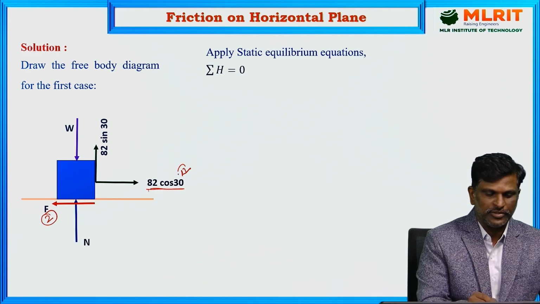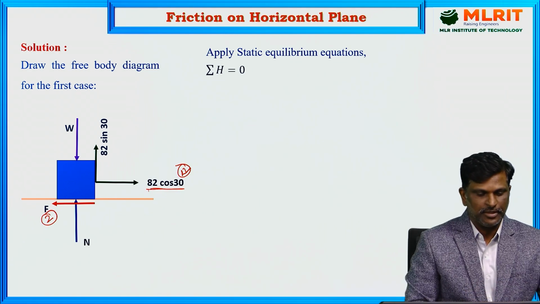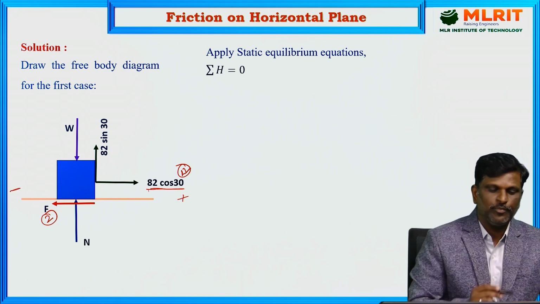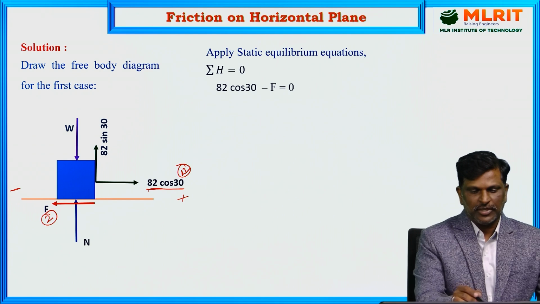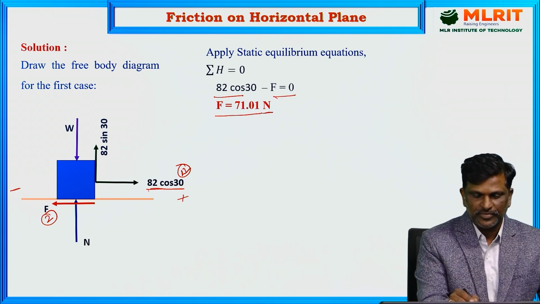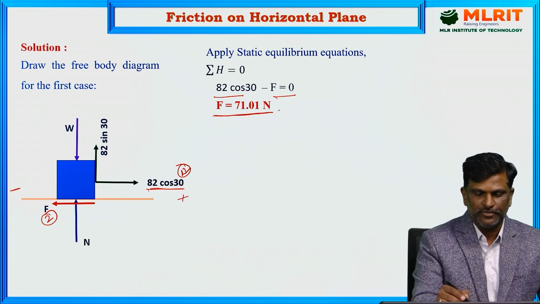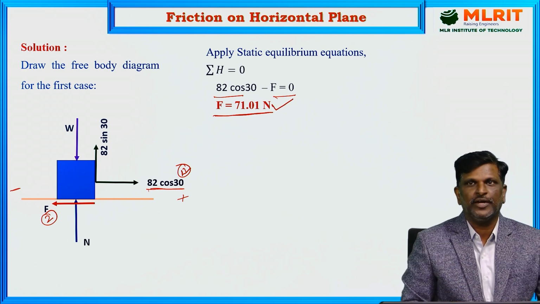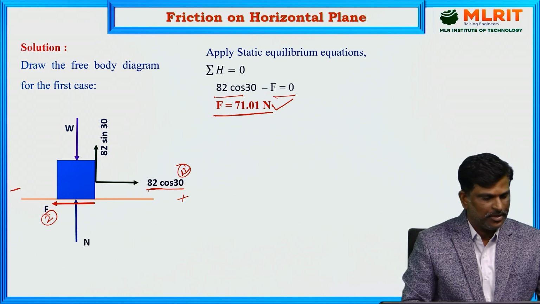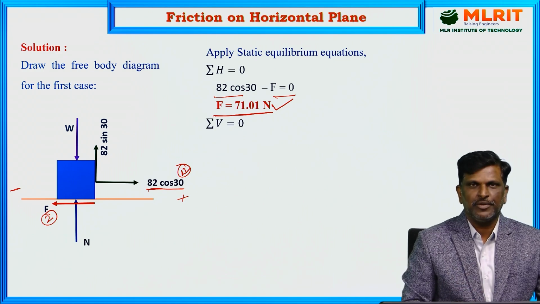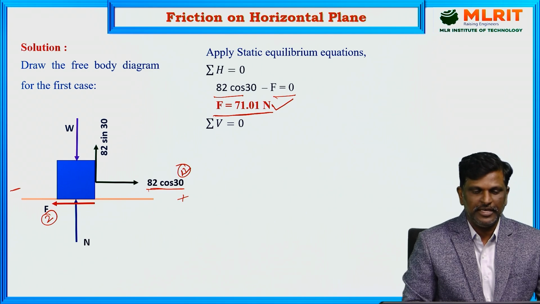Assuming towards right is plus and towards left is minus, 82 cos 30 minus F is equal to 0. F is equal to 82 cos 30, which is equal to 71.01 newtons.